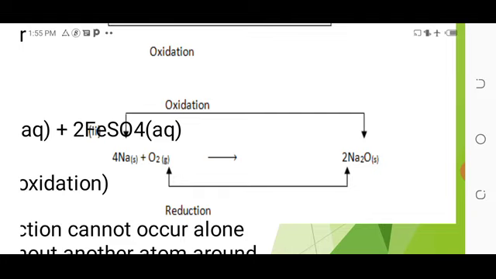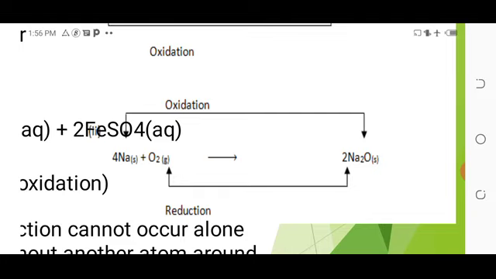And look at the oxygen, which is in the free state there, O2, with an oxidation number of 0. When it goes to the right, the oxidation number of oxygen is now negative. You can say that there is a reduction, because there is a gain of electron.